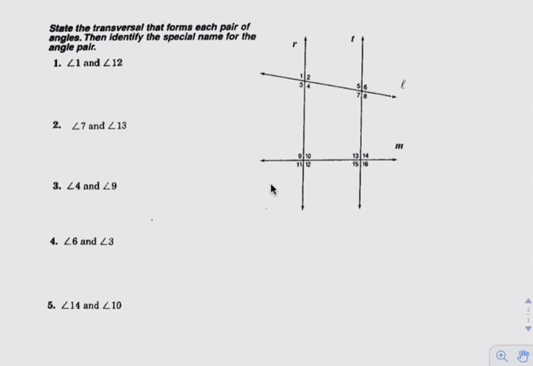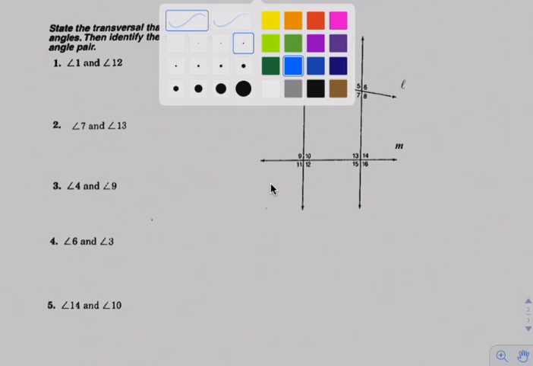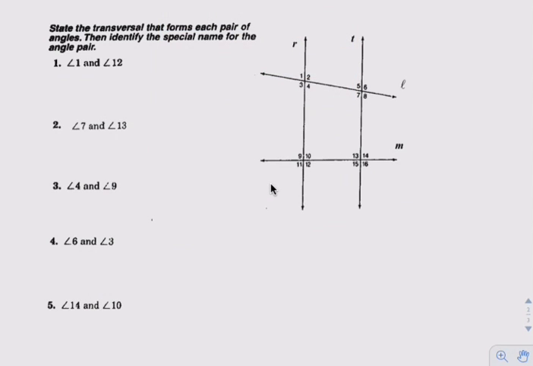Well, 1 uses this line, and 12 uses this line, but R is the one that's common, that's needed for both angle 1 and 12, which means R is the transversal.